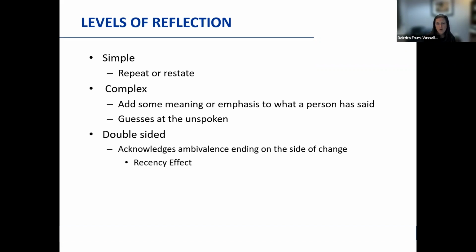So for example, if we had a patient that was thinking about quitting smoking and they were telling us how much they turn to smoking when they're stressed out as a coping mechanism, and yet they've been diagnosed with COPD, which really worries them, we might say something to them such as, "It sounds like smoking has been your go-to coping for when you're really anxious. And yet you're really concerned about your diagnosis of COPD."